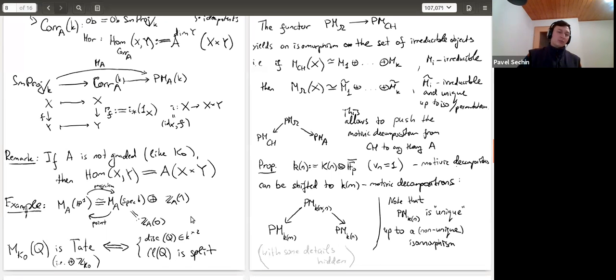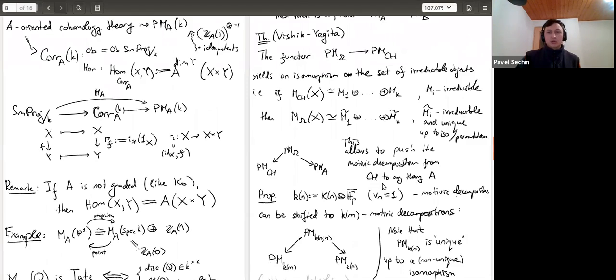So you can see that the K0 motive of a quadric somehow remembers these two cohomological invariants of the quadric. But note also that if we look at the Chow motive of Q, then it is Tate if and only if the quadric is hyperbolic. So somehow the Chow motive of a quadric Q remembers all the information about the arithmetic of the quadric.